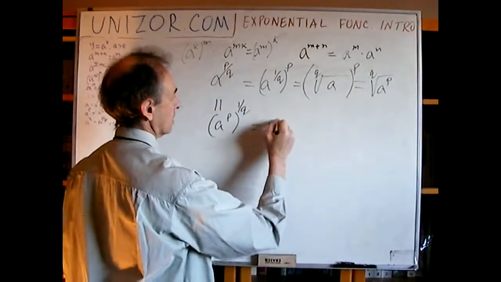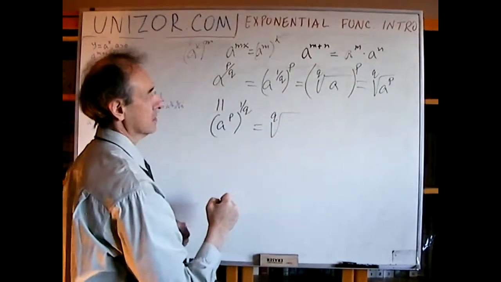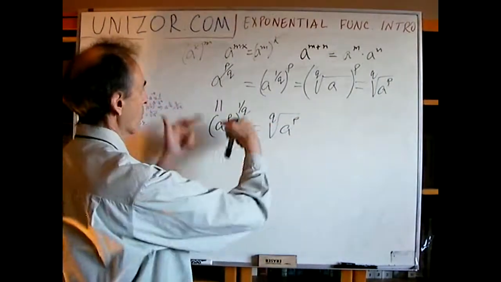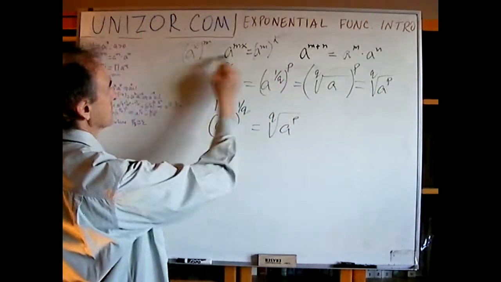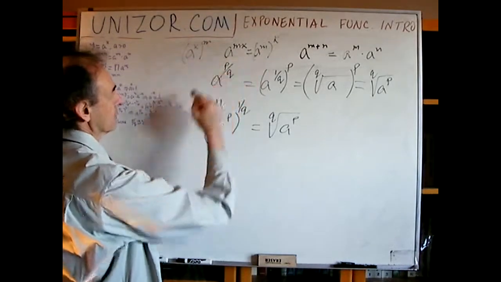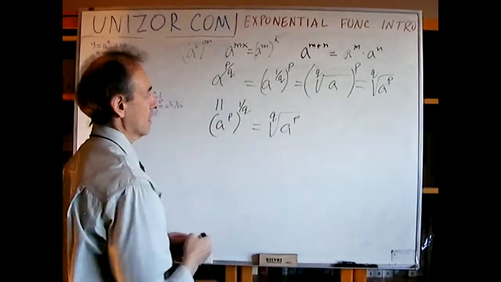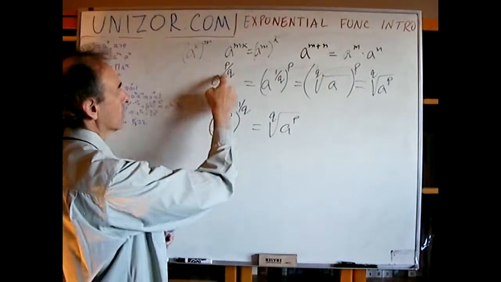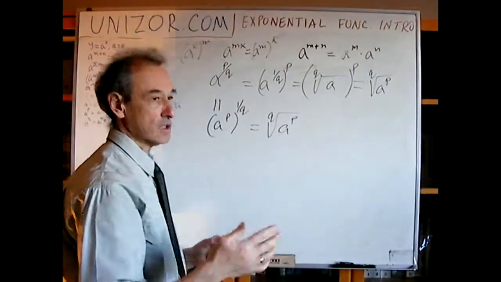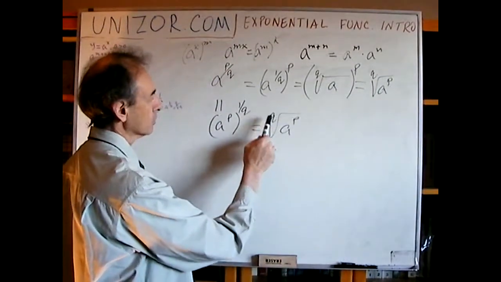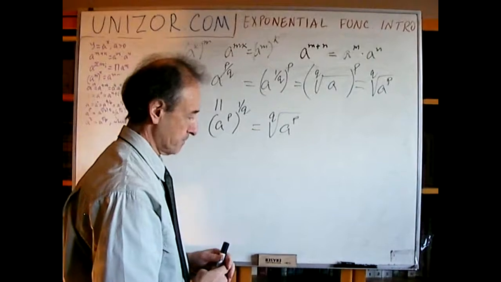This is exactly the same thing. The q's root of a to the power of p. These are symmetrical things. So no matter how we do it, we arrive at the same conclusion, that a to the power of p over q, where p and q are natural numbers, is the q's root of a to the power of p.